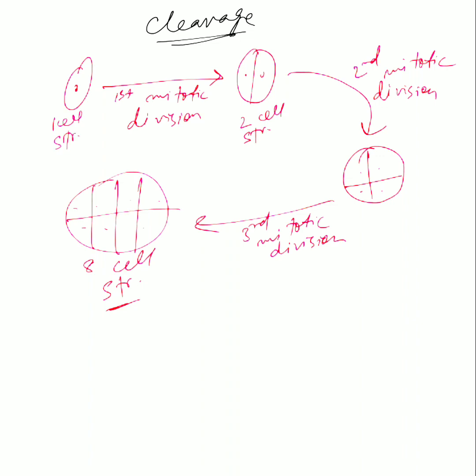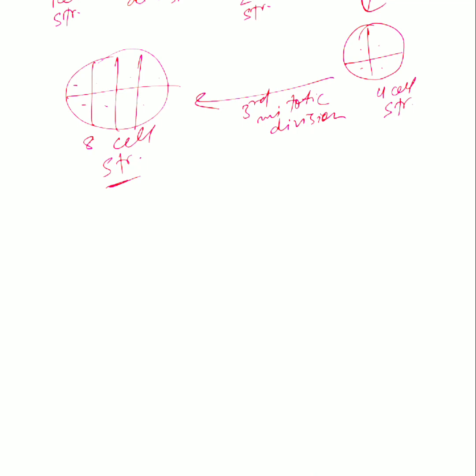So basically, what is cleavage? Cleavage is the process in which one cell structure undergoes successive mitotic divisions to form the 8 cell structure. Again, the 8 cell structure undergoes further mitotic division to form the 16 cell structure.